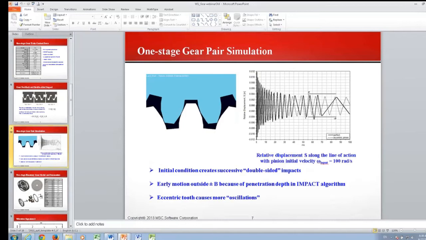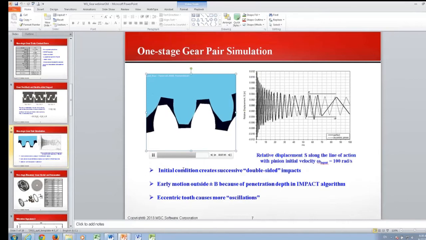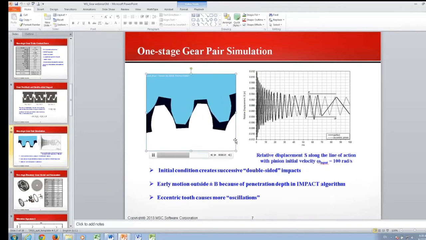Here we do a simple pair of gears from one published paper. We apply an initial velocity of 100 radians per second. Then there's a forward and backward impact.